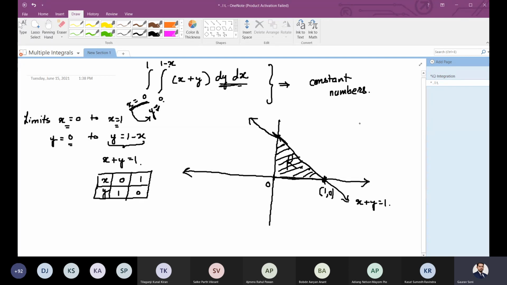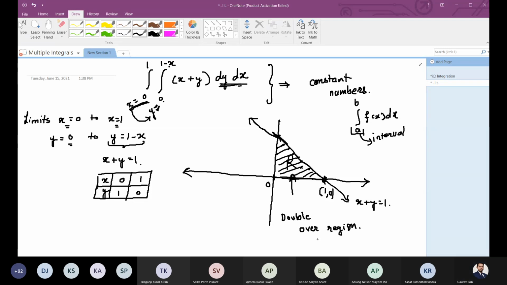Like in your 12th standard, you have seen the integration of f of x dx from a to b. So single integration was done over an interval. Now you can see that double integration is integration over a region in two-dimensional space. So a triple integral will be over a volume.